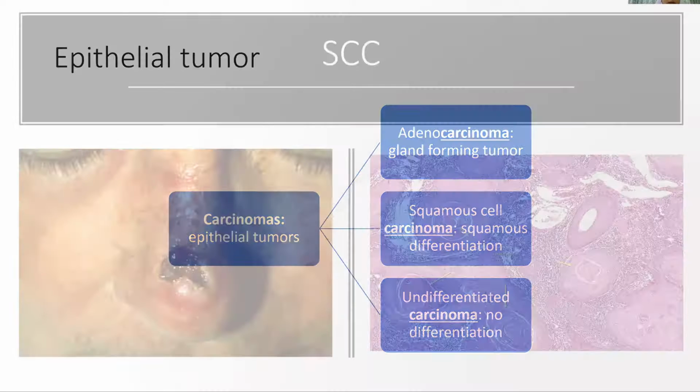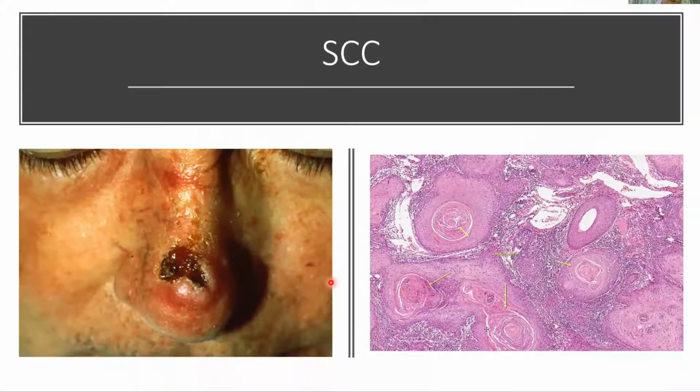All right, here is an example of squamous cell carcinoma of the skin. You can see this grossly. From the gross, we also know this is a malignant tumor, because the edge of the lesion is very infiltrative, with hemorrhagic necrosis. Then we look at the histology here. The first thing we need to know is whether there is any differentiation or not.